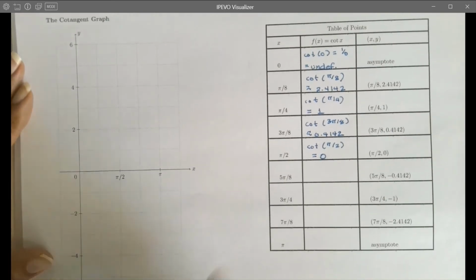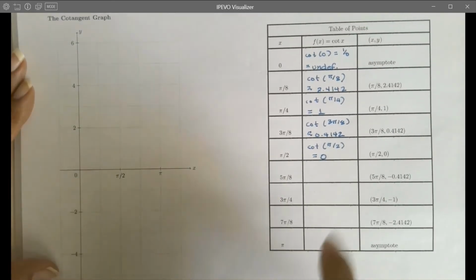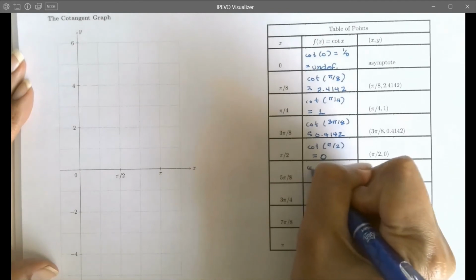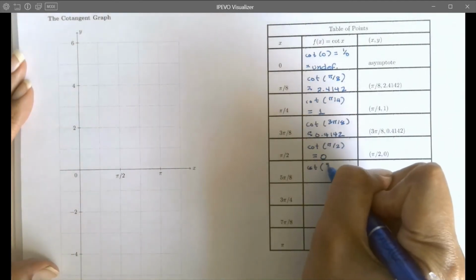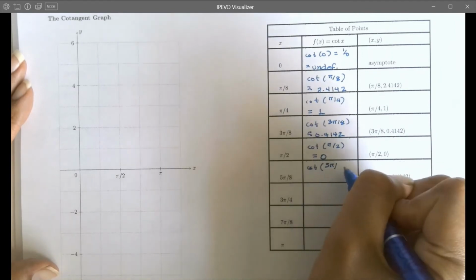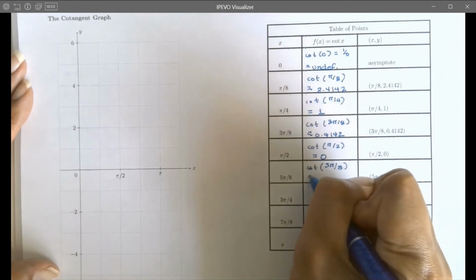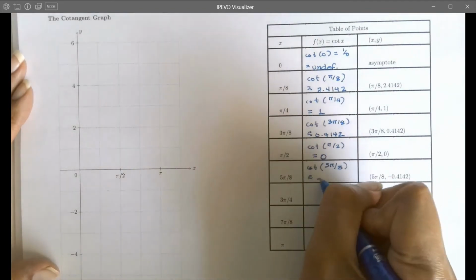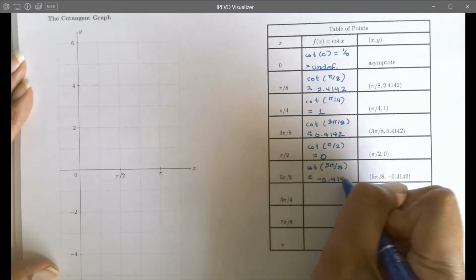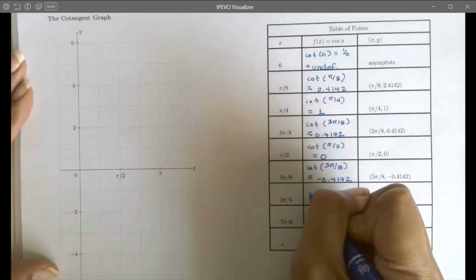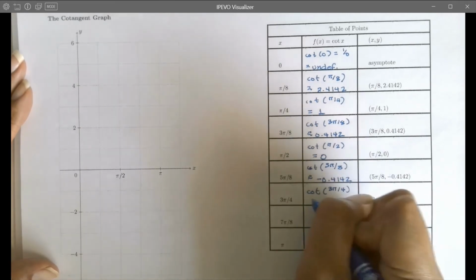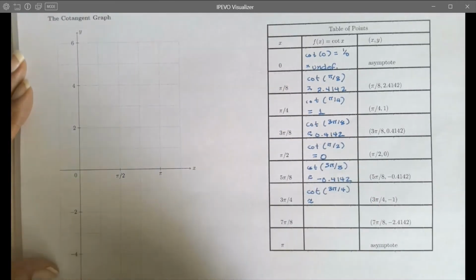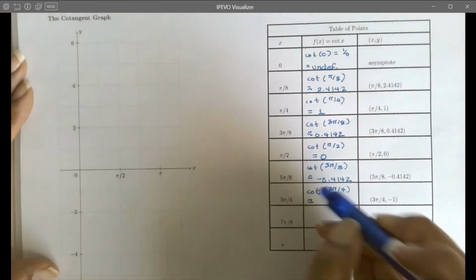Okay, so for the remainder of the x values, we're just going to trust that the given ones here are correct, so that if I try to check cotangent of 5 pi over 8, that will be approximately negative 0.4142. If I check cotangent of 3 pi over 4, that's going to be exactly negative 1.